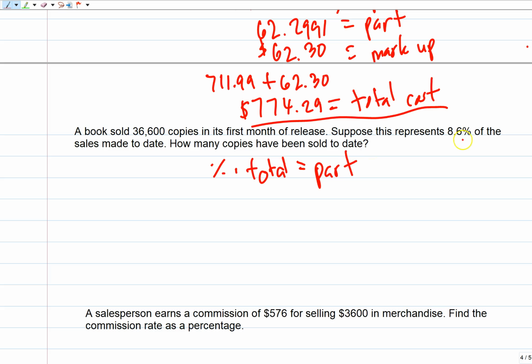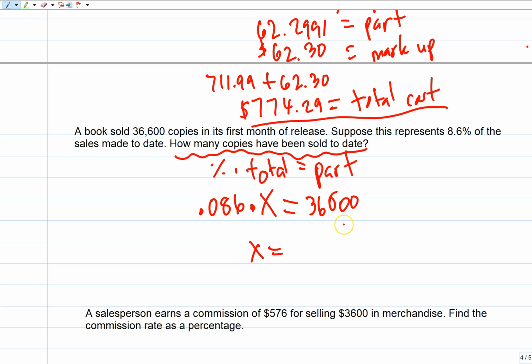They gave me the percent. 8.6% becomes 0.086, times, was the 36,600 the total number of books? No, that's what they want us to solve for. That's what we don't know. That's the x. The 36,600 is the part, the amount that we've sold for that month. It is equal to 0.086 times x. So to solve for x, we divide by 0.086.